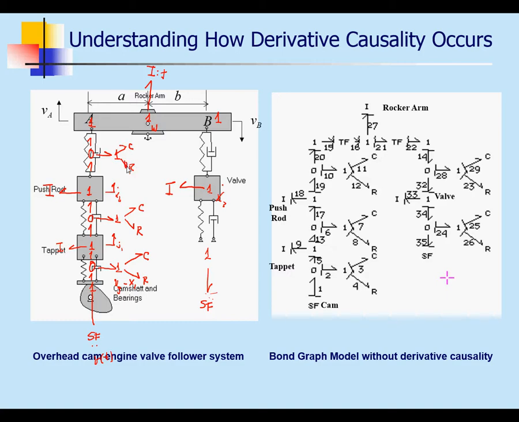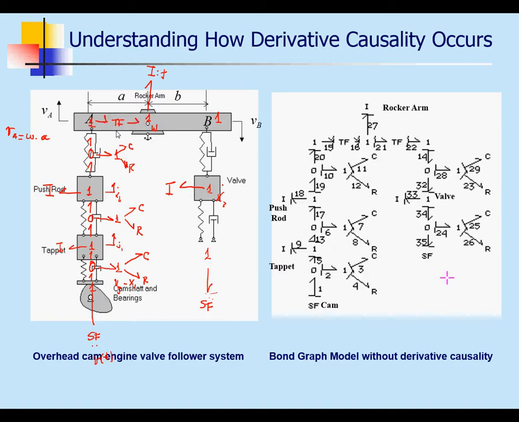Then you have a transformation from the velocity v sub a to omega. You know that v sub a is equal to omega times a, or that omega is 1 over a times the velocity here. So this is a transformer element.